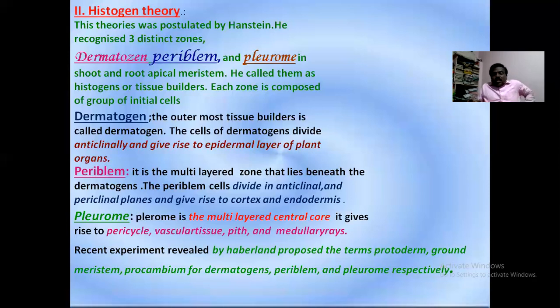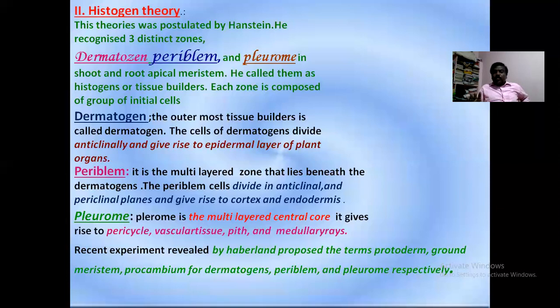These parts of the plant body, starting from the stele, the pericycle, vascular bundles, pith, and medullary rays, are produced from the plerome.